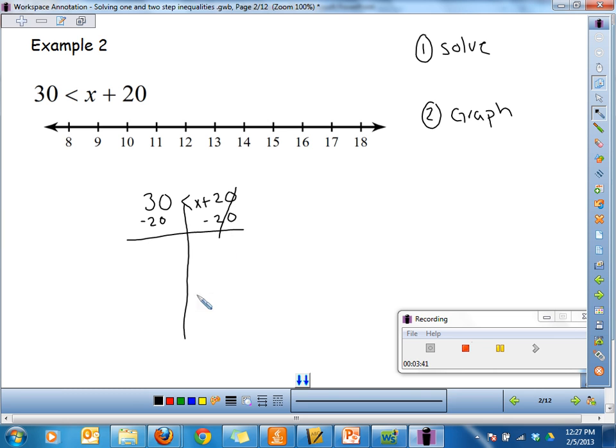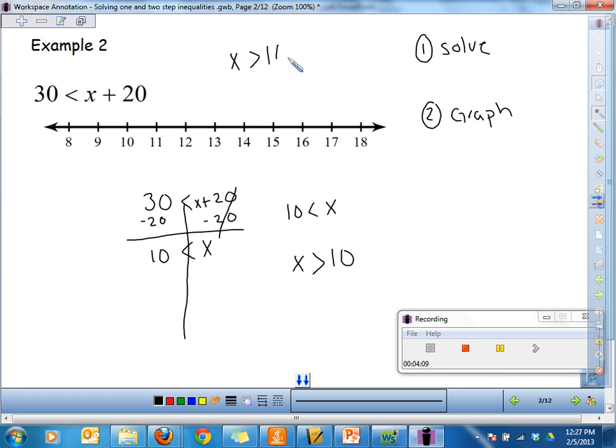I'm going to cancel out my 20 minus 20. 30 minus 20 is 10, and I still have is less than, and I'm going to bring down my x. Now I have that 10 is less than x. We've talked about in previous videos that we want to make it so that the x is on the left hand side. So I'm going to rewrite this as x is greater than 10.